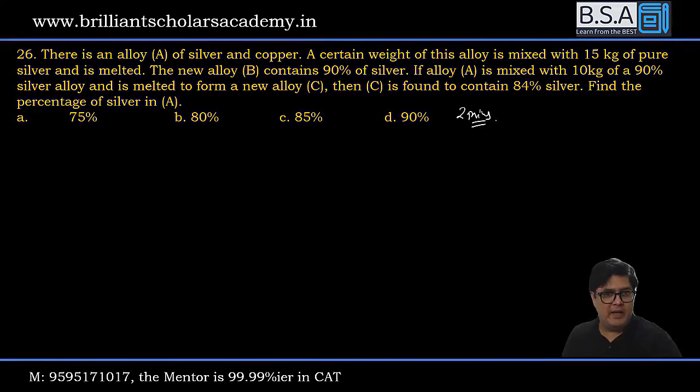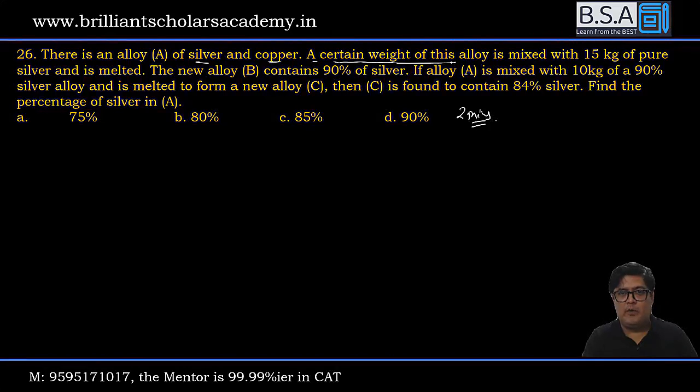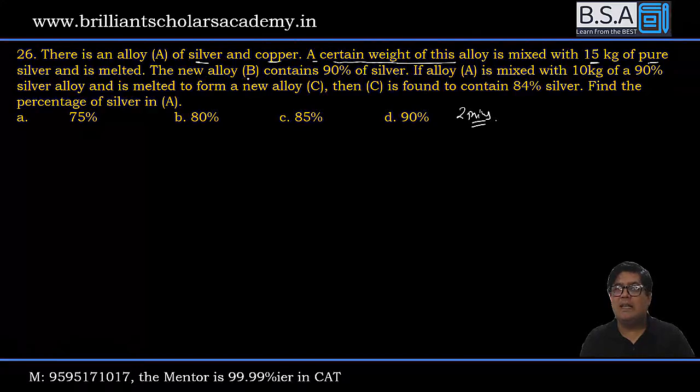There's an alloy A of silver and copper. A certain weight of this alloy, how much we do not know, is mixed with 15 kilograms of pure silver and is melted. The new alloy B contains 90% of silver.